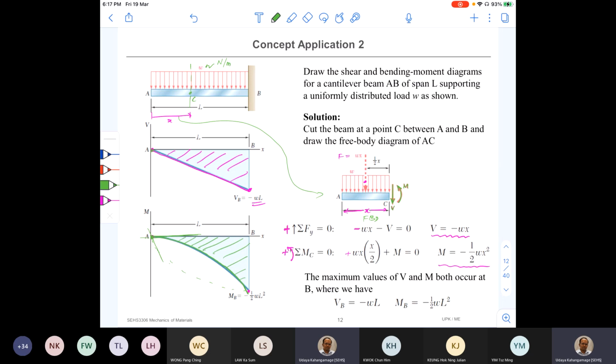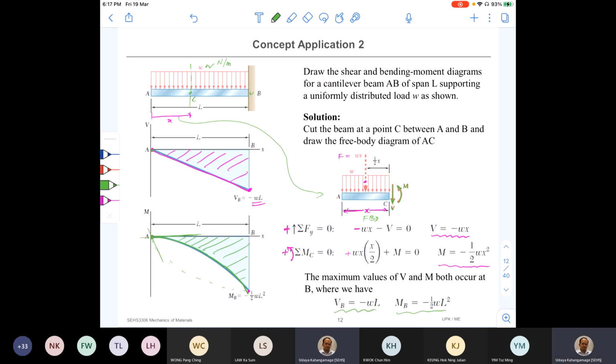Okay, right. So now I have drawn the shear force and the bending moment distribution for a cantilever beam, not simply supported, applied with a uniformly distributed load, and the maximum shear force and the maximum bending moment happen at point B. The values of them are given in here.